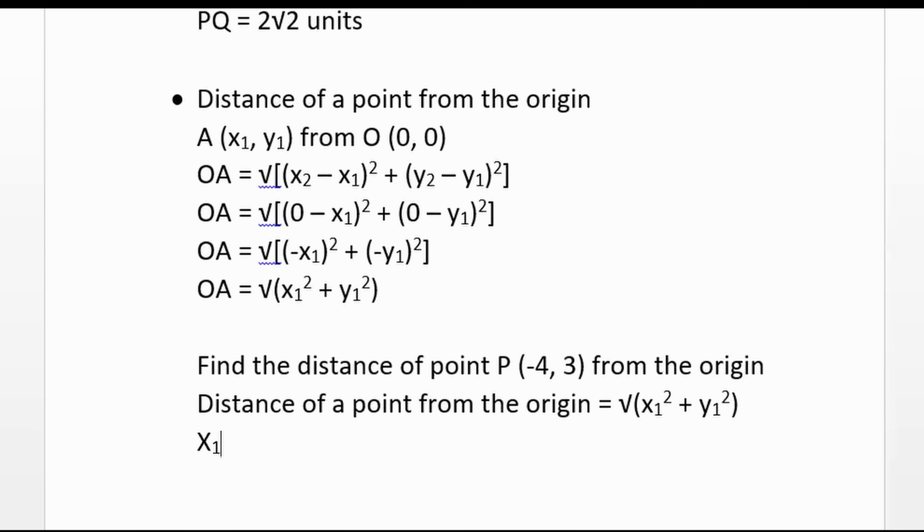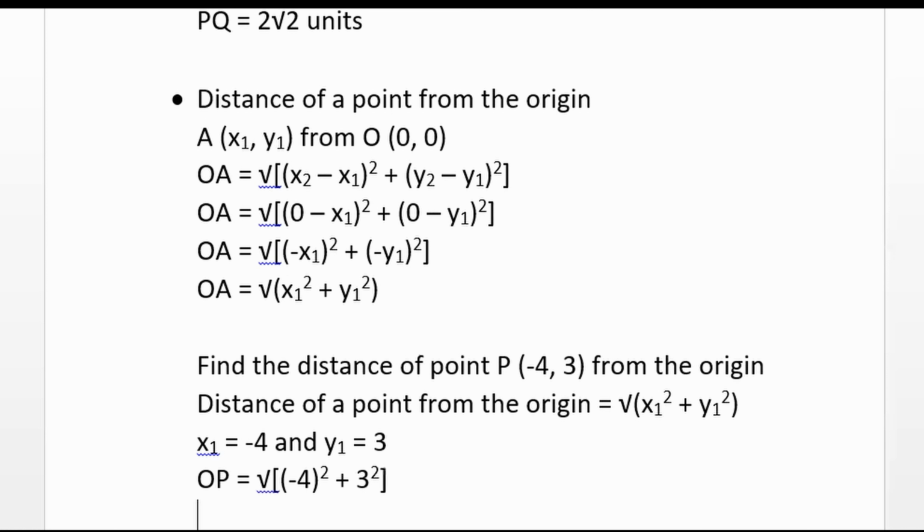So we have x1 is equal to minus 4 and y1 is equal to 3. So substitute the values. The distance of point P from the origin will be OP, equal to square root of (square of minus 4) plus (square of 3).